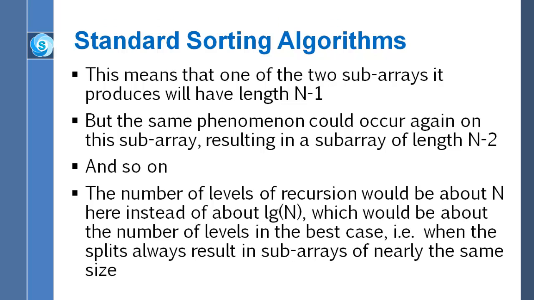Okay? So, you started with a subarray of length n, went to n minus 1, n minus 2, until you get down to 1. So basically that's what? N levels of recursion. All right? Rather than the nice base 2 logarithm of n, you're ending up with n as the number of levels of recursion. And that has a profound effect.